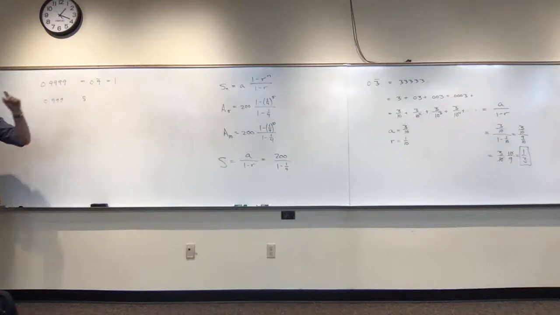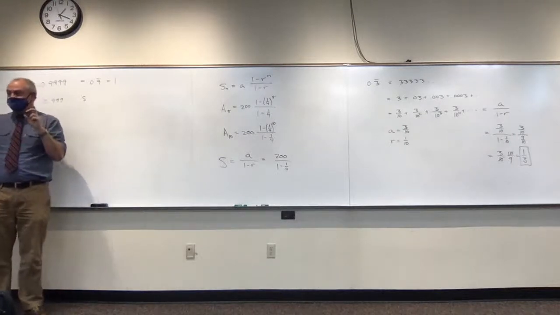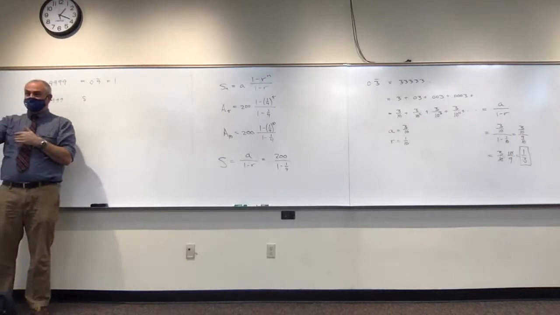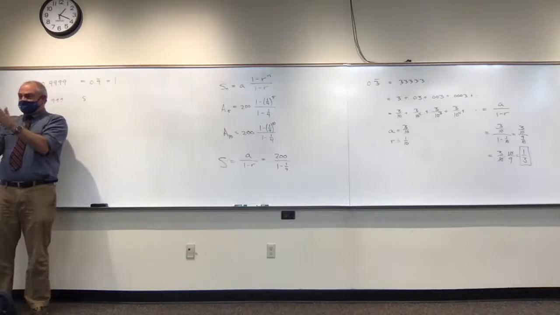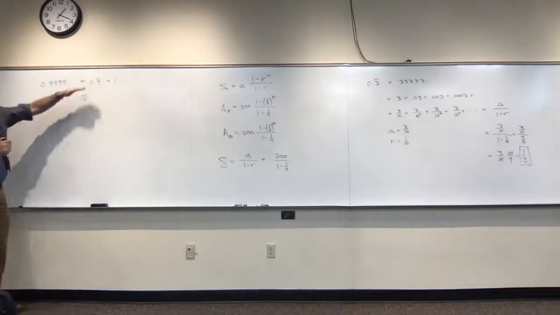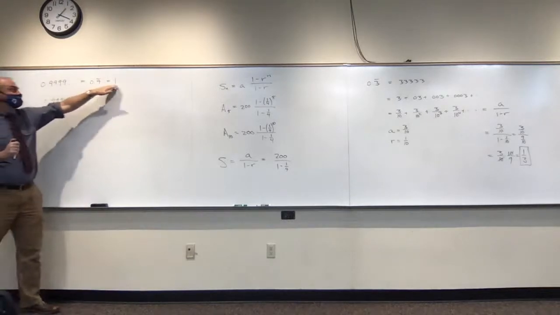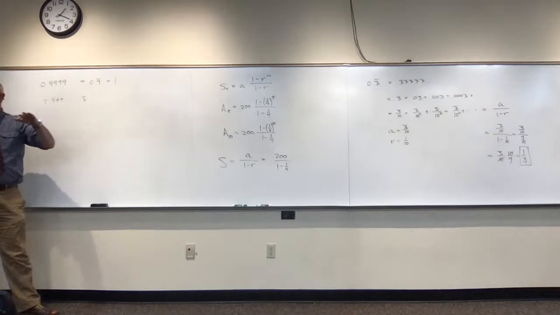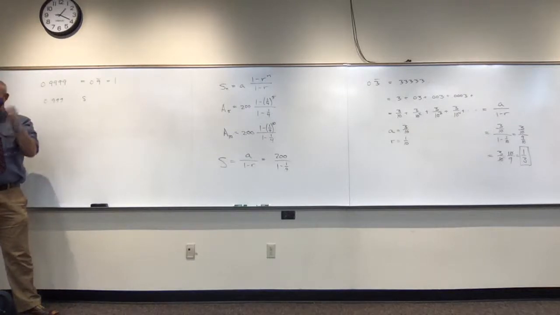So there's no closest number to 0.9 repeated. There's always space in between, always. So you could average them and get a number that's in between. What I'm saying is you can't average these two numbers and get a number in between because there are no numbers in between, which means they're the same number.